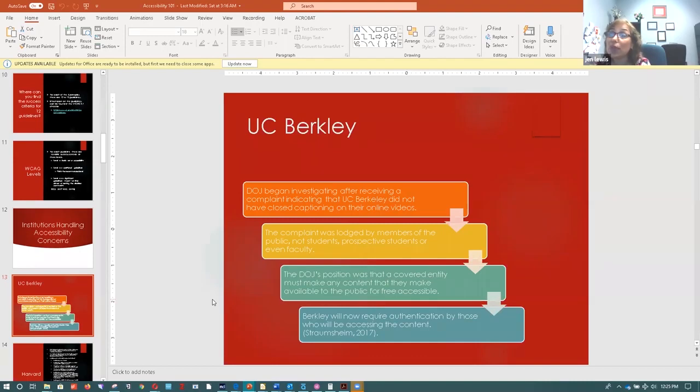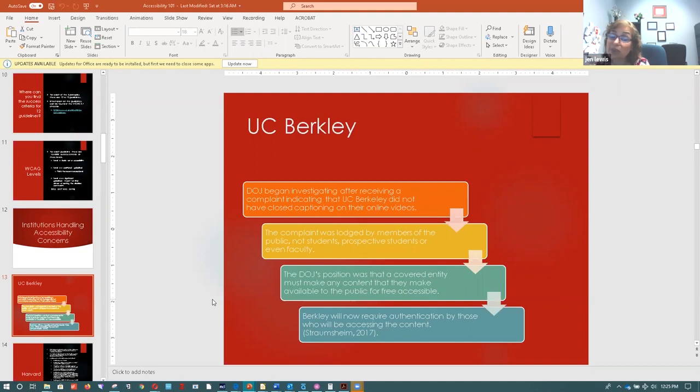You can just Google how to make captions for accessibility, and it will tell you step by step, because I've used those instructions, and it's very simple. But what they did is they didn't close caption them at all. They didn't even do the auto captioning, and as a result, they got in trouble for that.